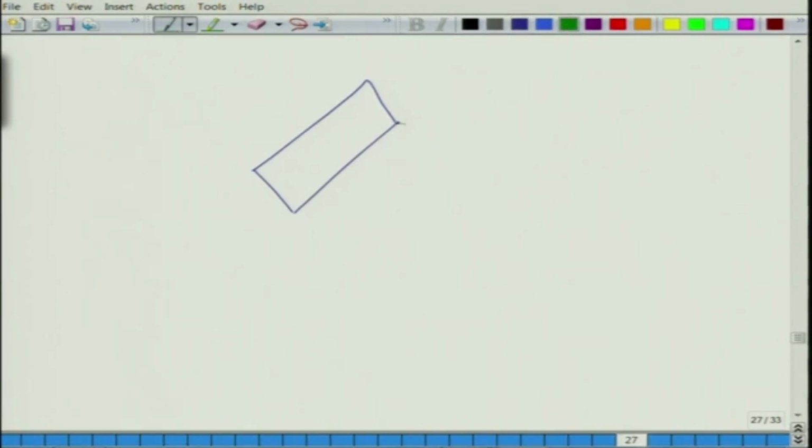So, this is the collector, this is the reflector, okay. This is collector, we will designate it with C, and this is reflector, we designate that with R, and the dimensions here, this is N, okay.